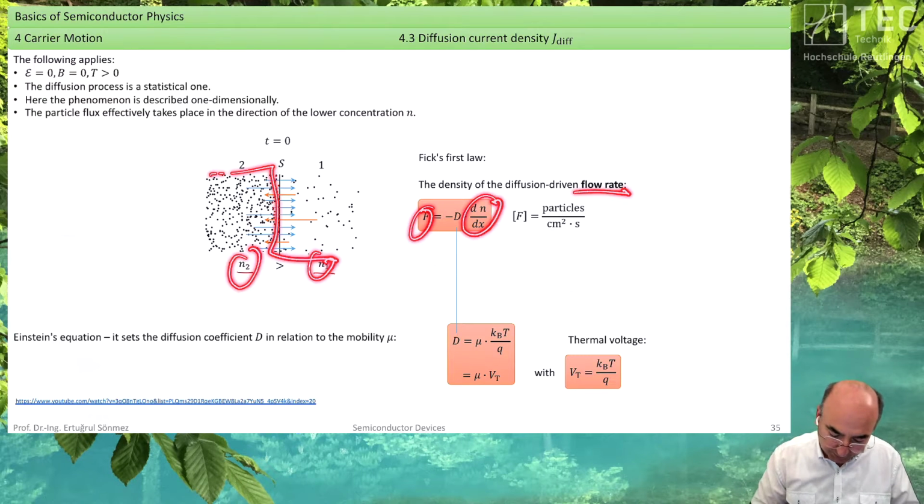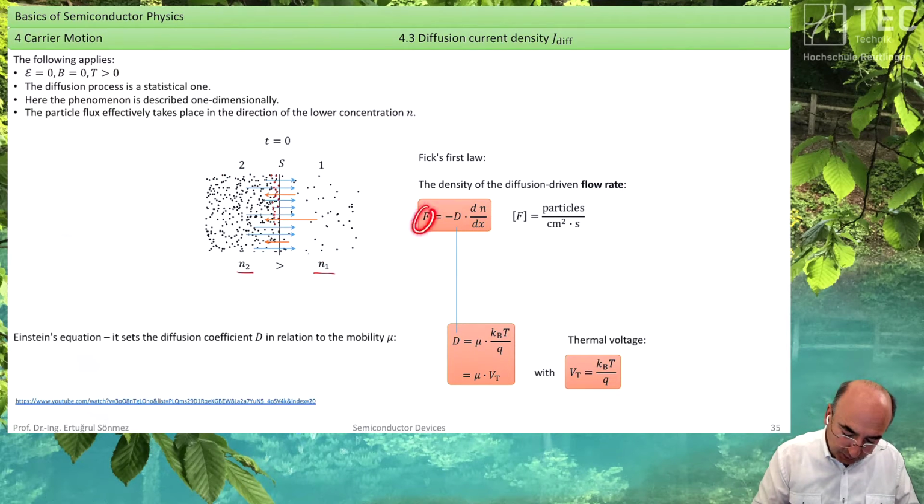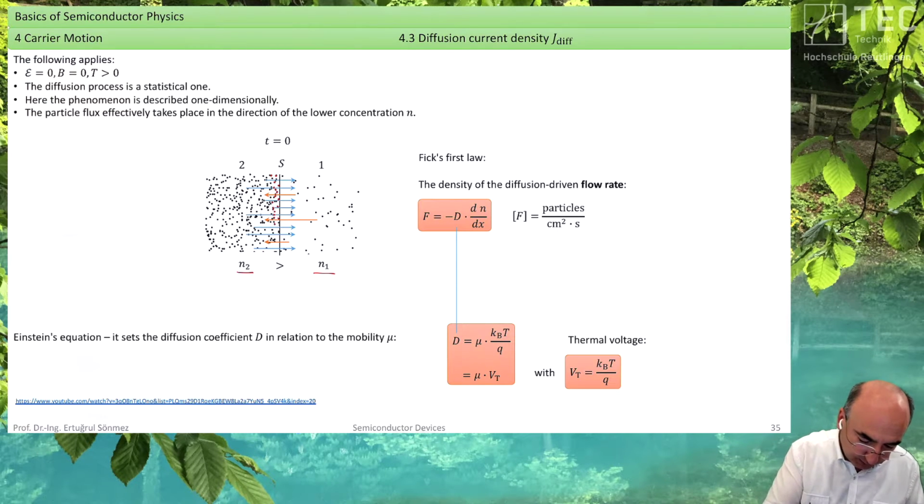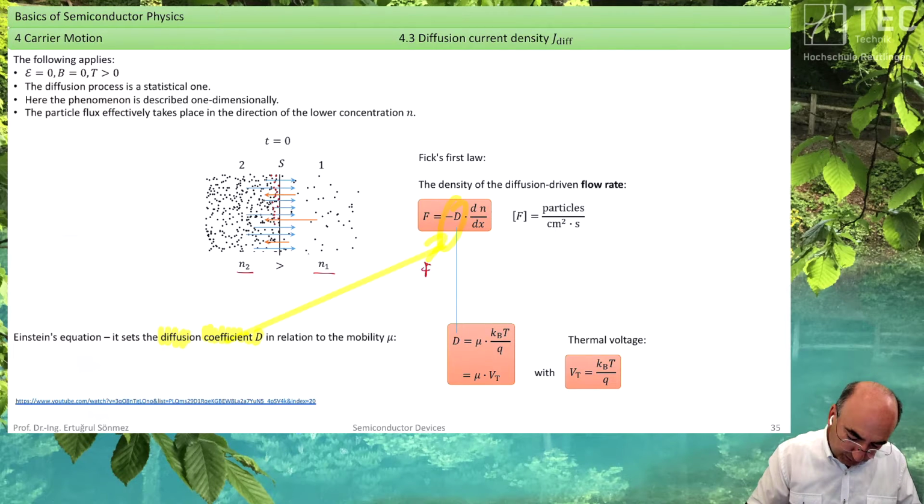Okay, but flow rate and gradient need a combining constant, or in this case, not a constant but a coefficient. It's called the diffusion coefficient D. So the flow rate is proportional to the gradient, and the constant links this together.